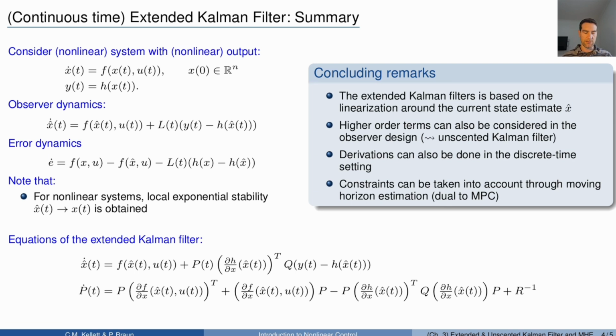These calculations here on the extended Kalman filter don't take constraints into account. When we moved from optimal control to model predictive control, we had a way to take constraints into account.